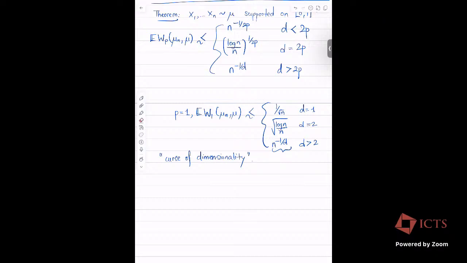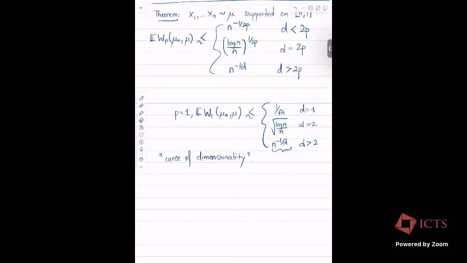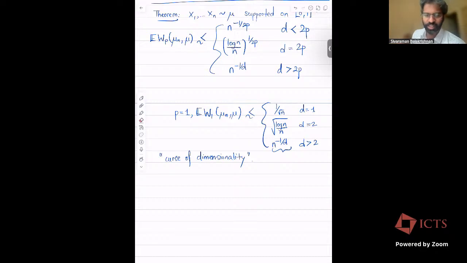If you assume no conditions, let's say it doesn't even have finite, say, second moment, then you may not be able to estimate under these distances consistently. So under some mild moment conditions, it is true that it is consistent. The rate will degrade depending on the moment assumption that you make.